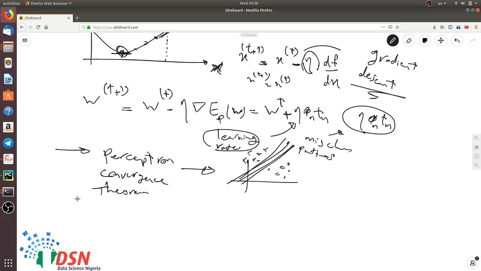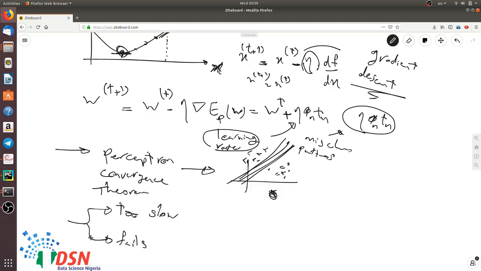It is great that we know the Perceptron algorithm could reach the exact solution. But the problem is, in real world applications, sometimes the convergence is too slow. And also, if the data are not linearly separable, then the algorithm fails and will never converge. If we have an outlier, something like this from this class, or maybe something like this, then the Perceptron algorithm will never converge, and this is so bad.